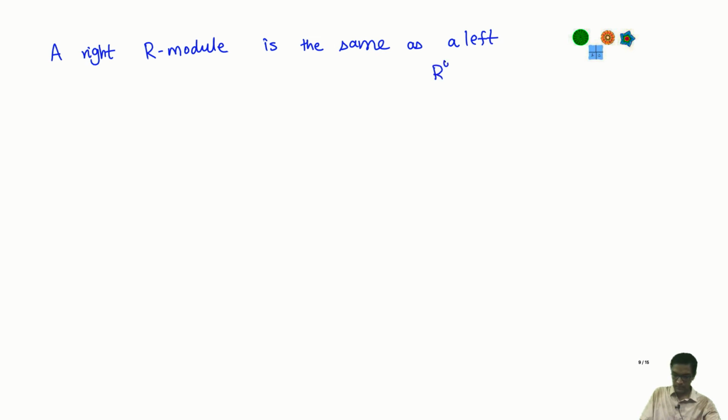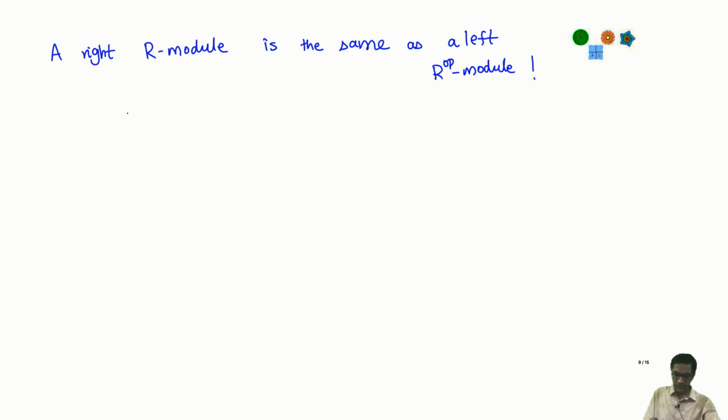Observe again that a right R module, so here's the final important fact, becomes a left R op module. Why is this?